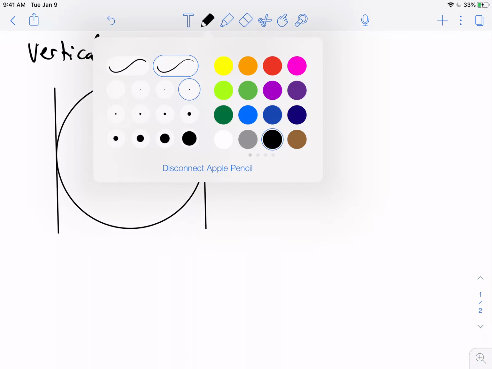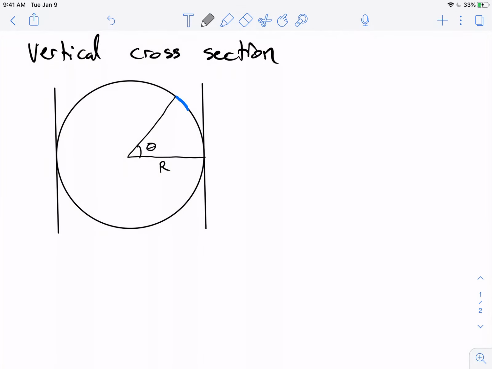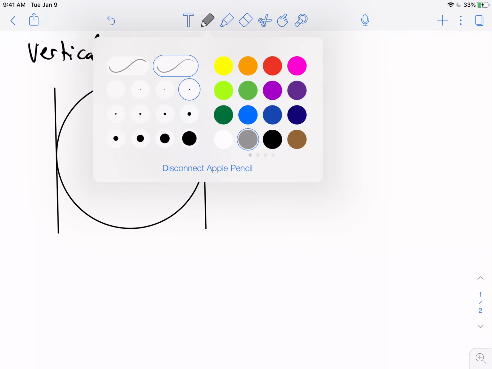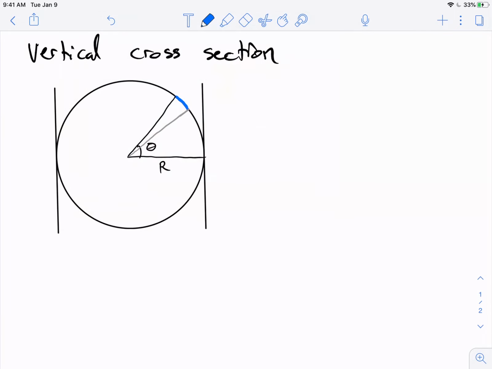Actually, I do want this here too. Okay, so let's see here. If I look at the projection, remember I'm projecting straight through from the center axis of the sphere.